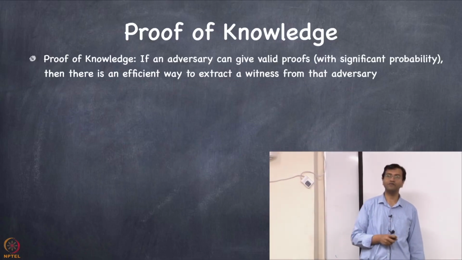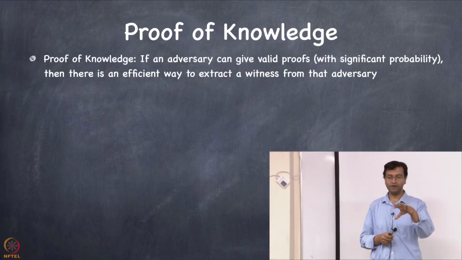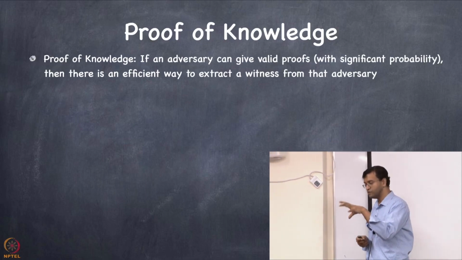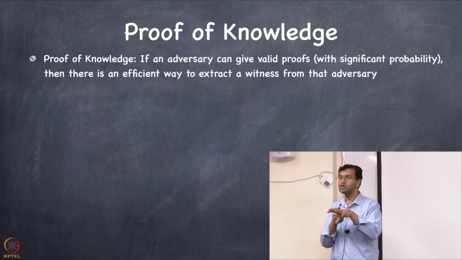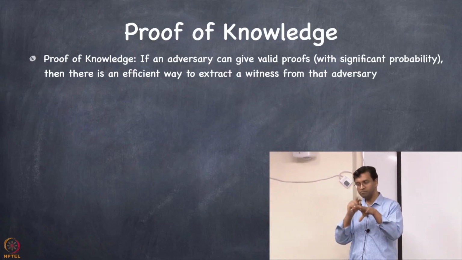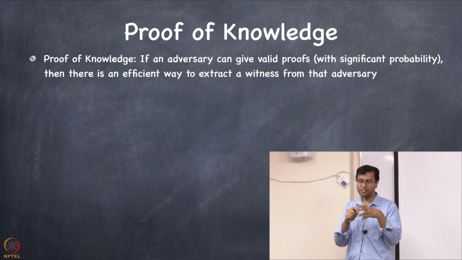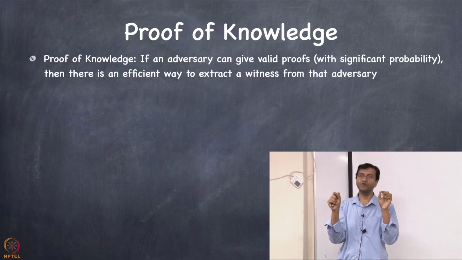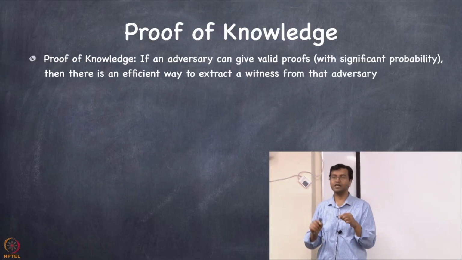Similarly, here we are going to have a notion of what it means for a machine or an algorithm to know something. We'll say, okay, I will say it knows something if there is a way to look at this machine or algorithm, and if I look at its registers when it's running, I may not actually see this thing that it's supposed to know. Right? May not see it in the clear.